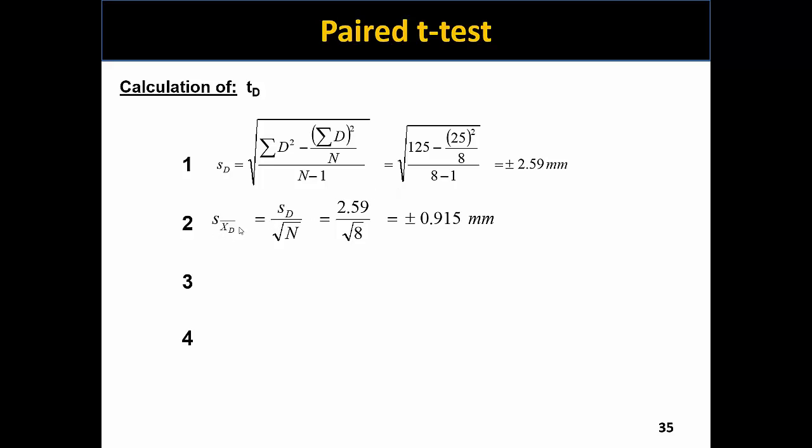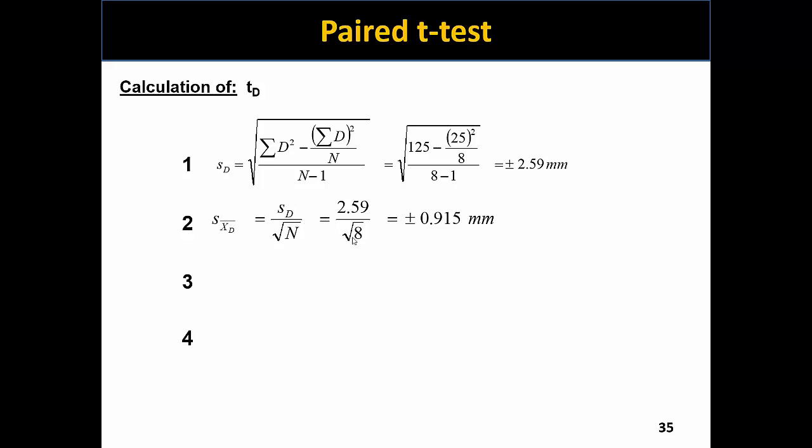Once we have this value, we can then move on to the next step in calculating the standard error of the mean differences between the two sets of data. And we have what we had just calculated in part 1, the standard deviation of the difference scores, 2.59, divided by the square root of the sample size. Once again here, when we're calculating the standard error of the mean, we don't use the degrees of freedom because that was already addressed in the calculation for the standard deviation.